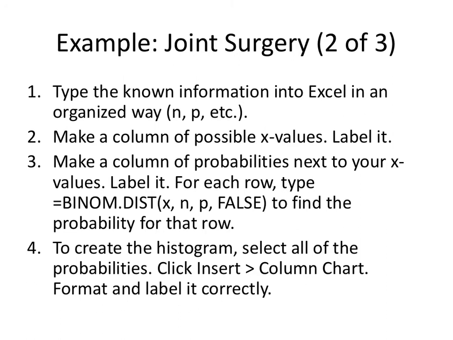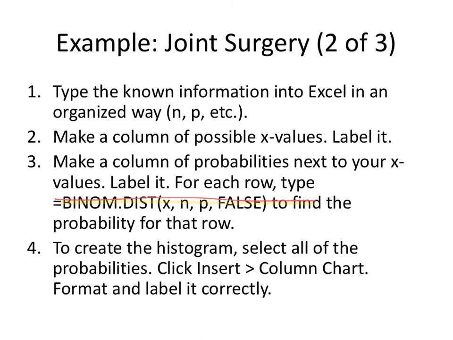Then make a column of possible X values and label it. Make a column of the probabilities next to your X values and label it. And then for each row, you are going to type binom.dist.range, parentheses, N, P, A. So I'm going to just mark this out here.